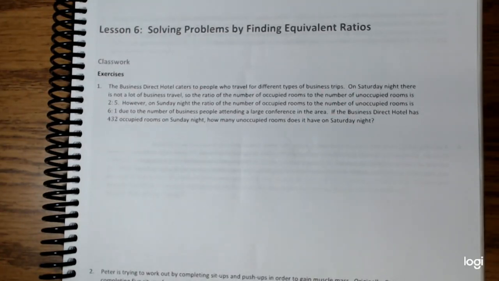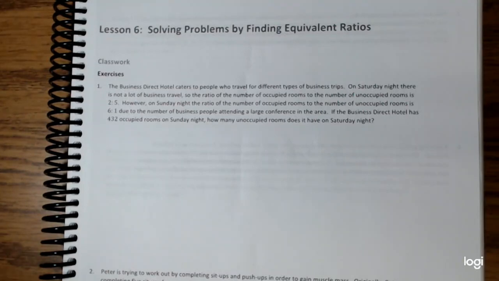Okay. So let's go ahead and look at exercise number 1. It says the Business Direct Hotel caters to people who travel for different types of business trips. On Saturday night, there is not a lot of business travel. So the ratio of the number of occupied rooms to the number of unoccupied rooms is 2 to 5.